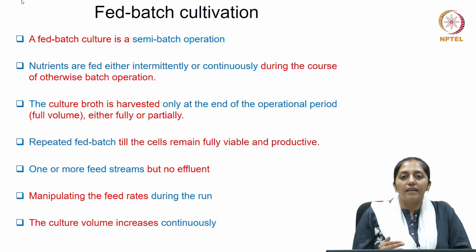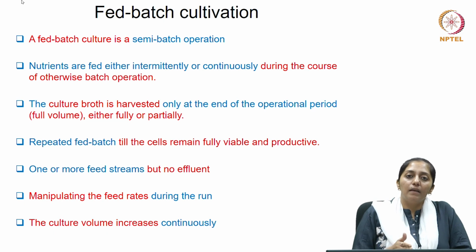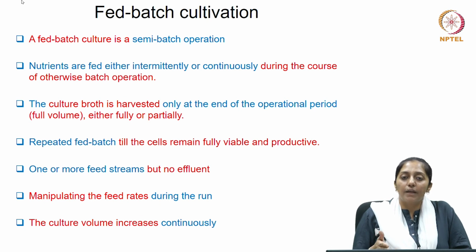So why did I say that the time of harvest is restricted to the maximum volume a reactor can reach? This is because in a fed batch mode of cultivation, there is only an inlet stream and no outlet stream, so the volume will keep rising, and hence we cannot continue the fermentation.